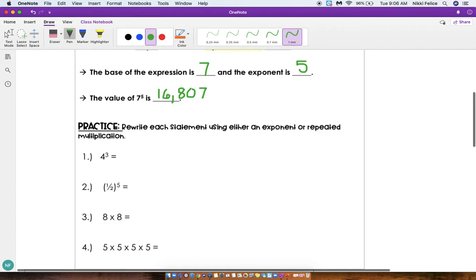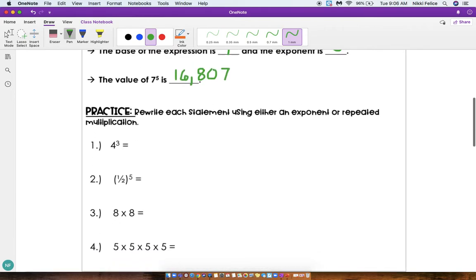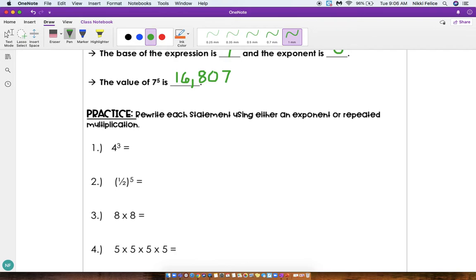We are going to rewrite each statement using either an exponent or as repeated multiplication, whichever one it is not. So for number 1, I see 4 to the 3rd power, which means what would we be multiplying and how many times would we multiply it? Well, we would be multiplying 4 together.